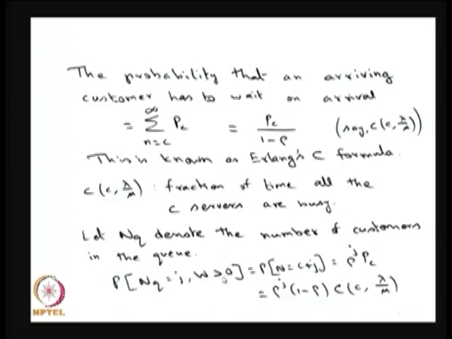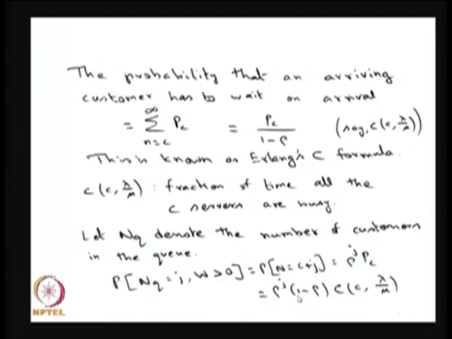That is the same as the number of customers in the system being C plus J. What is the probability that J customers are in the queue as well as the waiting time is greater than 0? That is the same as the probability that C plus J customers are in the system.